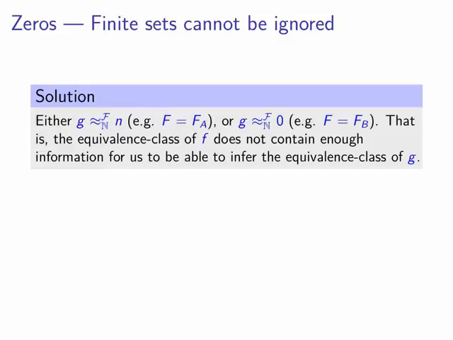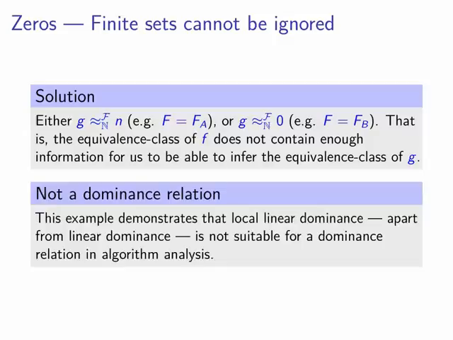Either g is equivalent to n or g is equivalent to 0. That is, the equivalence class of f does not contain enough information for us to be able to infer the equivalence class of g. This shows why local linear dominance, apart from linear dominance, is not suitable for a dominance relation in algorithm analysis.